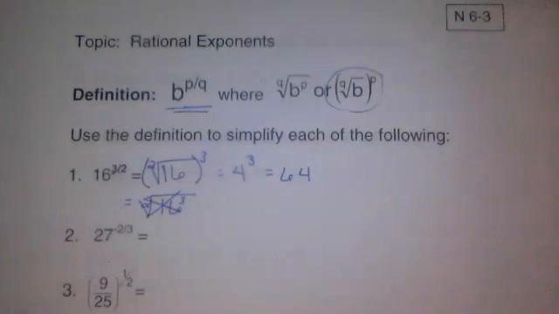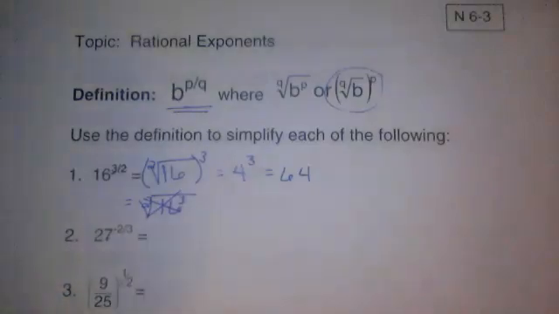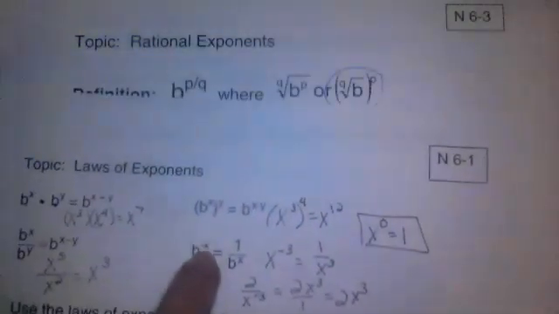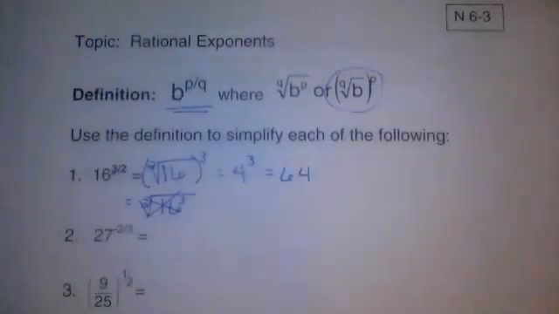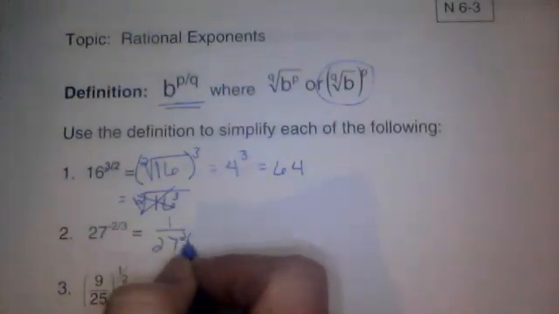Okay, so let's take a look at this next one. We have a negative exponent. If you remember from your notes earlier, a negative exponent, to make it positive, we just move it down to the bottom. So this is going to actually be 1 over 27 to the 2/3 power.